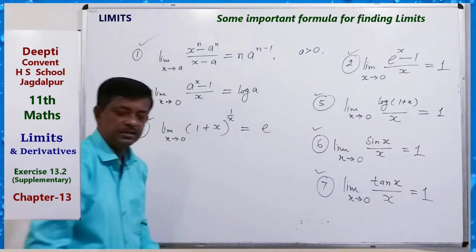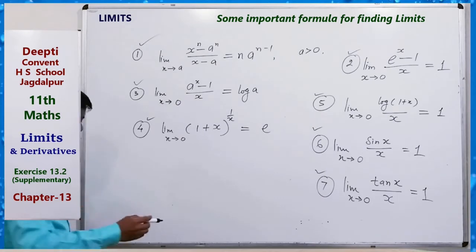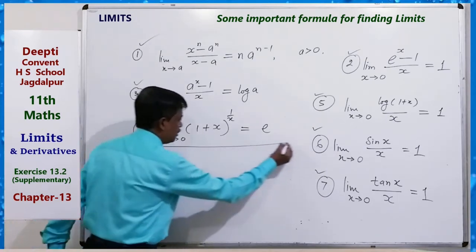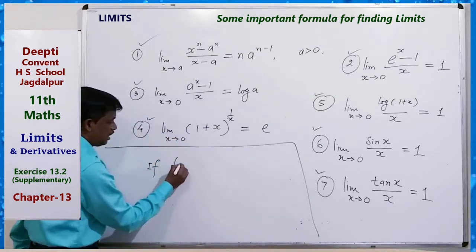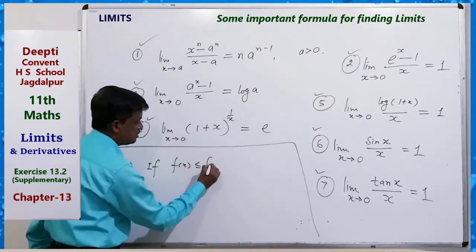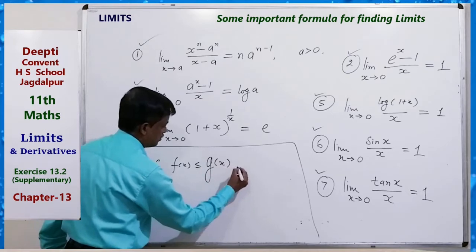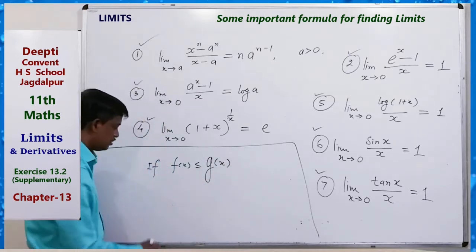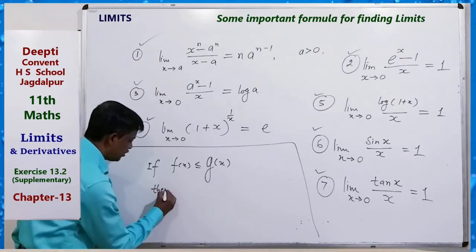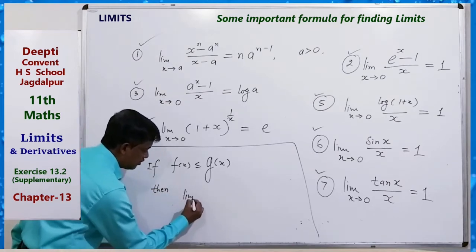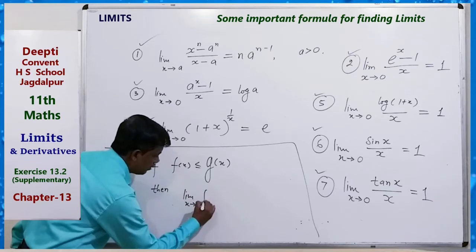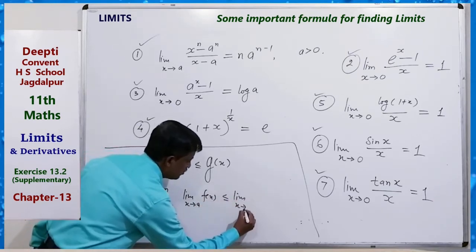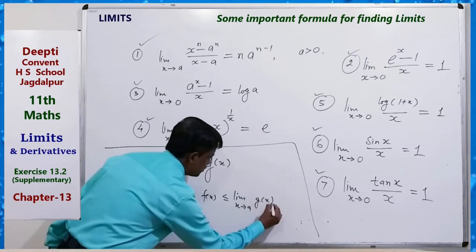And also one thing, remember that if we have two functions f(x) is less than or equal to g(x), then limit x tending to a of f(x) is less than or equal to limit x tending to a of g(x).